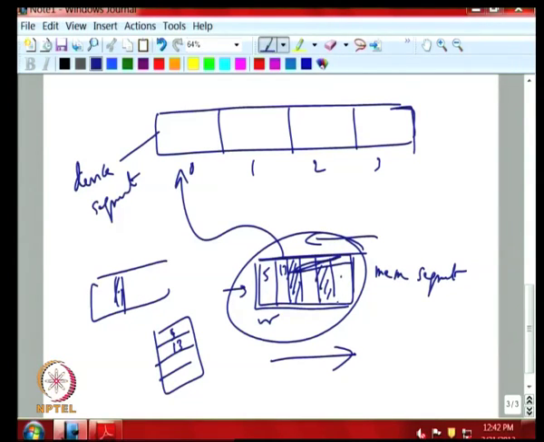That means I need to keep an indexing table which tells me, if I want to read something, where is the most recent copy. That itself will be in memory, that indexing table also in memory. This is going to be updated every time any rewrite happens.